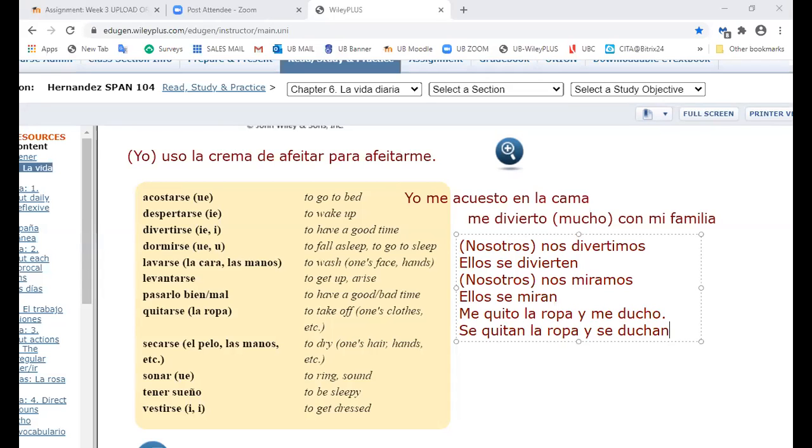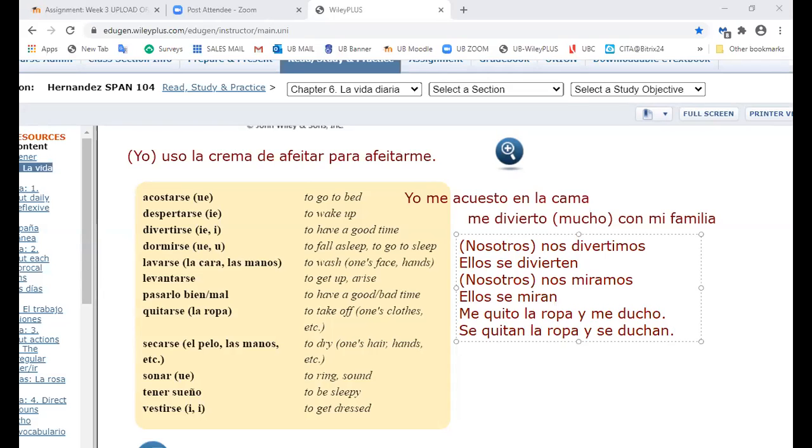So now you have to remember when to detach the pronoun, how to change the pronoun according to the speaker or the doer of the action, and you still have to conjugate the verb in the same present tense. Some things make more sense later, right? This is one of them.